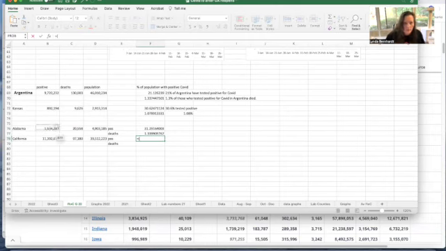Equals open. This one divided by this one. And this one will be this divided by this.